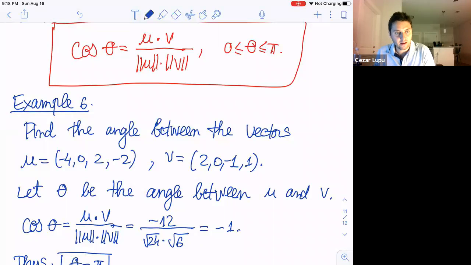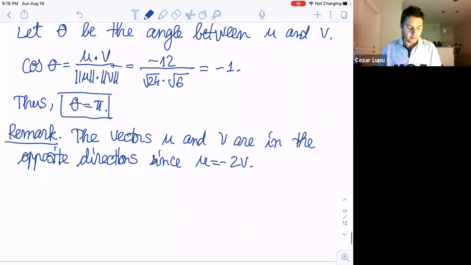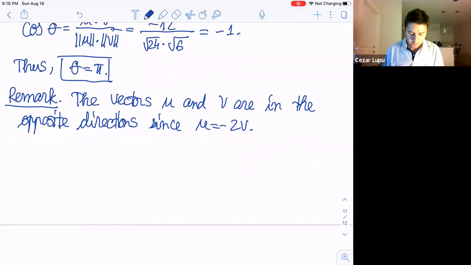As you can see in our example, the cosine is -1. Definitely the problem was the numerator, not the denominator. So let me point this out: the dot product can be negative.